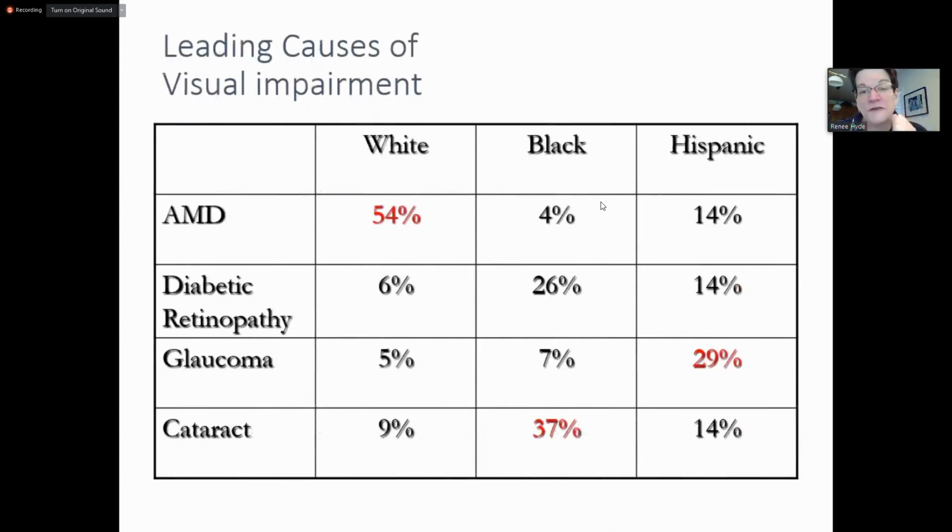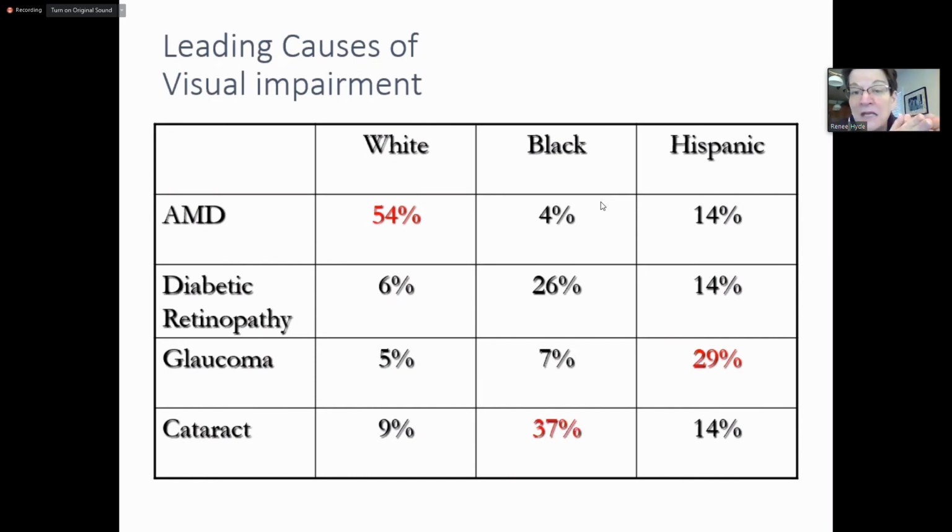If you look at this chart, when we look at some of the leading causes of visual impairment in Caucasian, Black, or Hispanic populations, the most common cause in our Caucasian population is age-related macular degeneration.